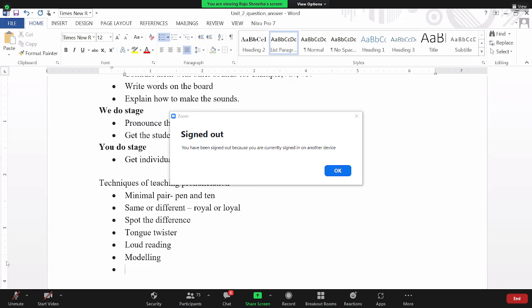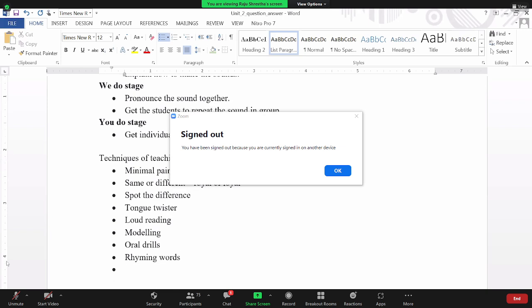We just model and they follow. Then oral drills we can do, drilling. We can also do different activities, like rhyming words also. So these are some activities.